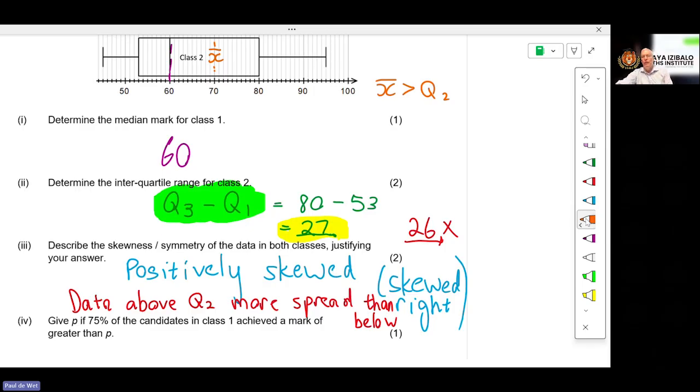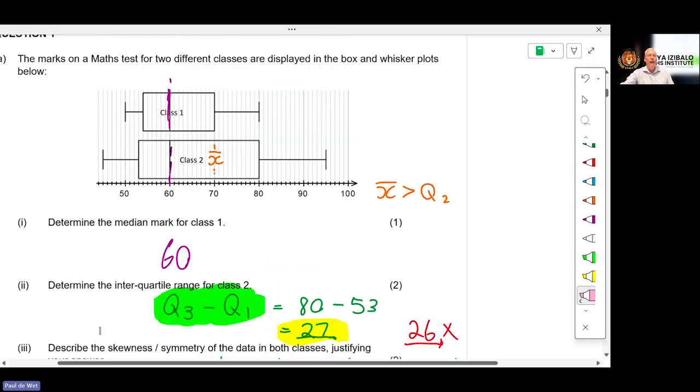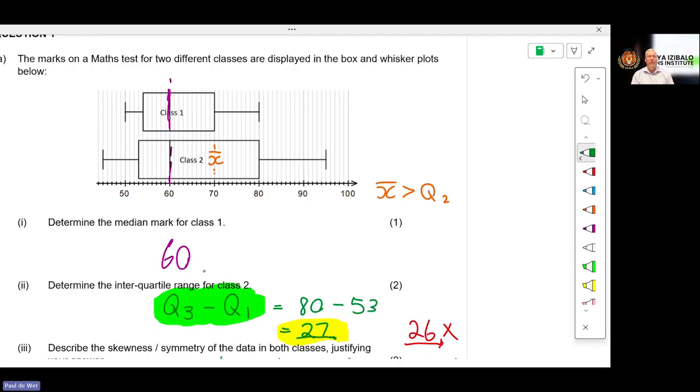Q2 then says, what's the value of P if 75% of the candidates in class 1 achieved a mark bigger than P? So we're talking about 75% of the data.